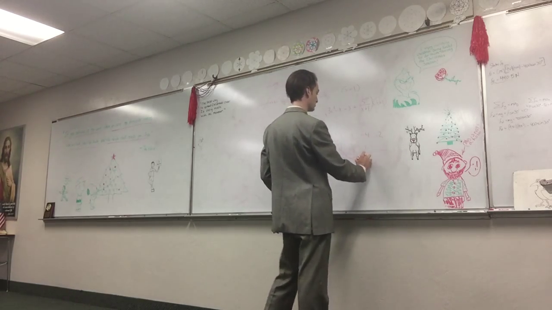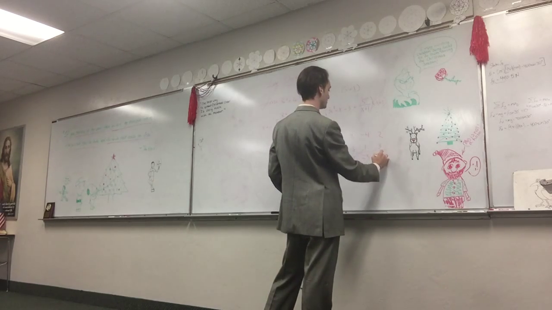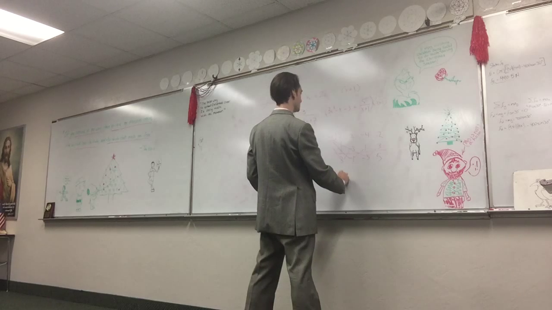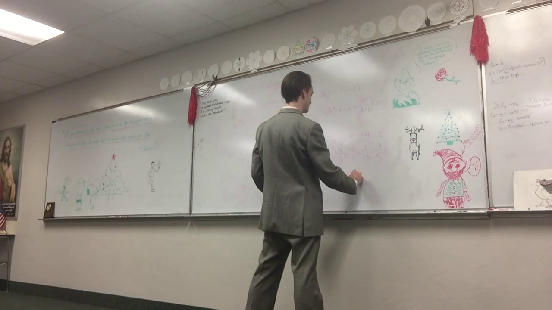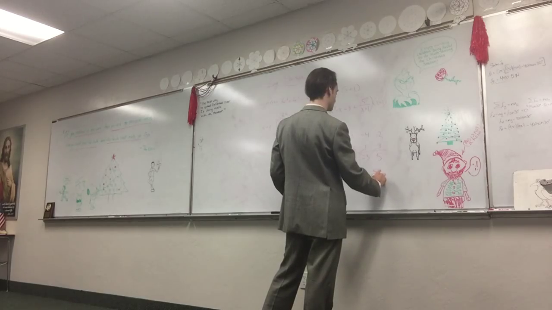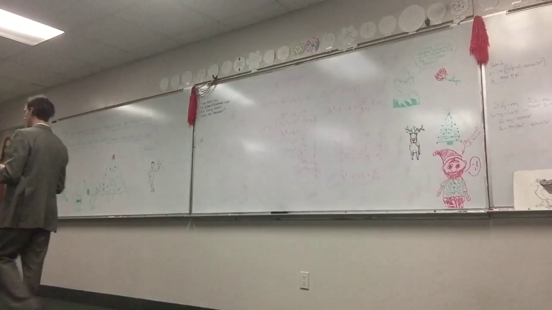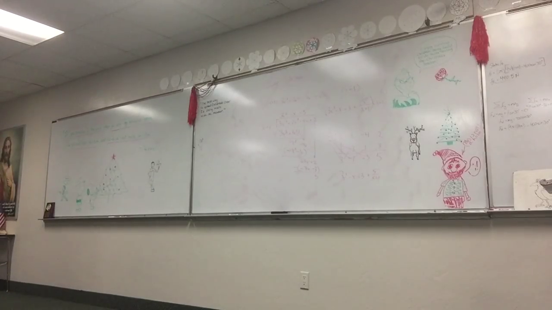Negative 4 plus 1 is negative 3. Negative 1 times negative 3 is 3. 2 plus 3 is 5. Same deal: 3x squared minus x minus 3 plus 5 over x plus 1.